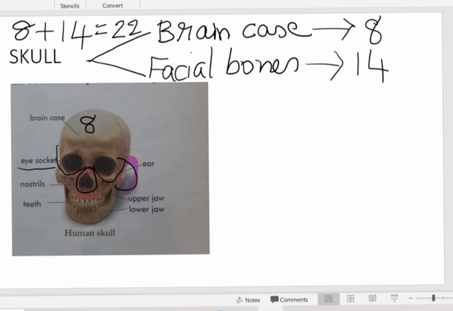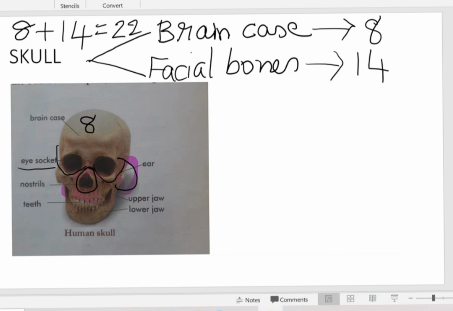The lower jaw bone is movable. Out of 14, the bones present in the upper jaw make the hole for the nostril, make the space for the ear, and form the upper jaw of your mouth.